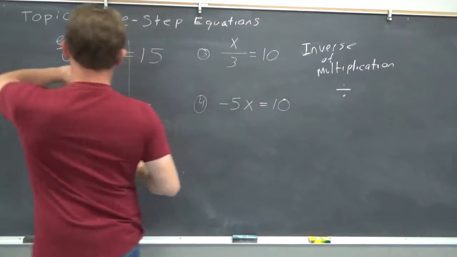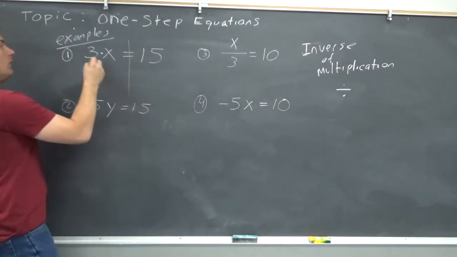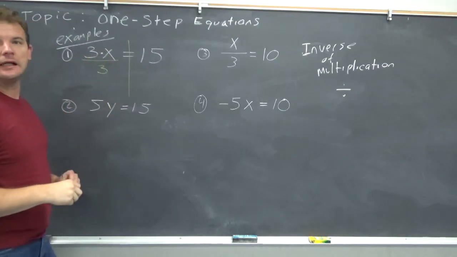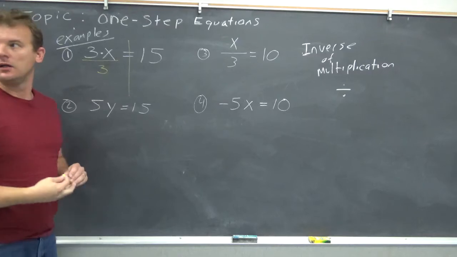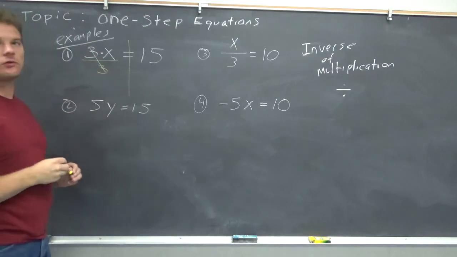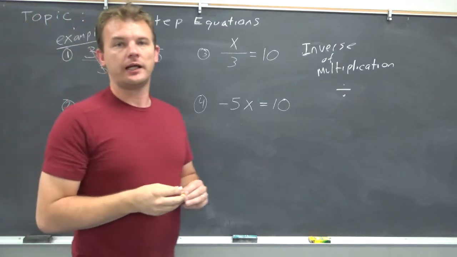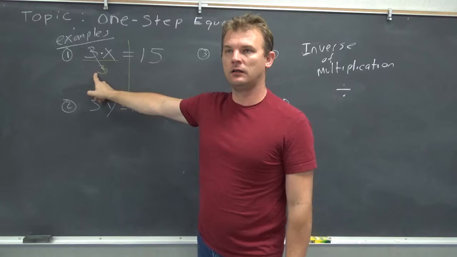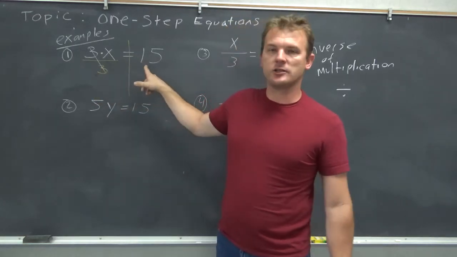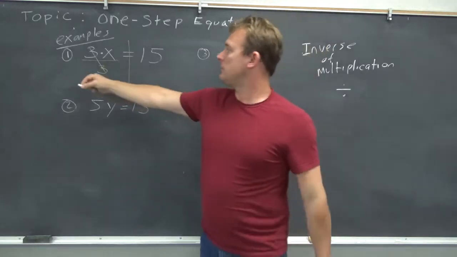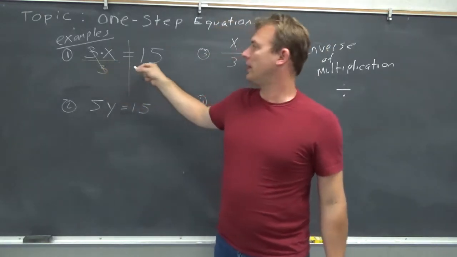You're going to draw your line and put a 3. Well, what does that mean? That means that this goes away. But like I tell my students, if you do it to this side, why don't you do it to this side as well? You're trying to even them out. So if you divide by 3 here, what do you have to do on this side?